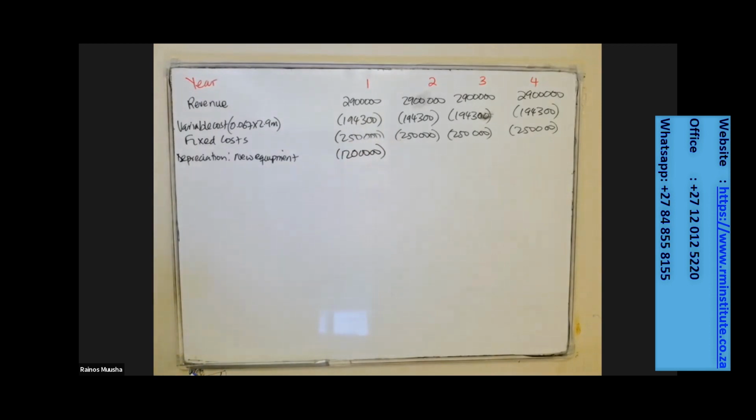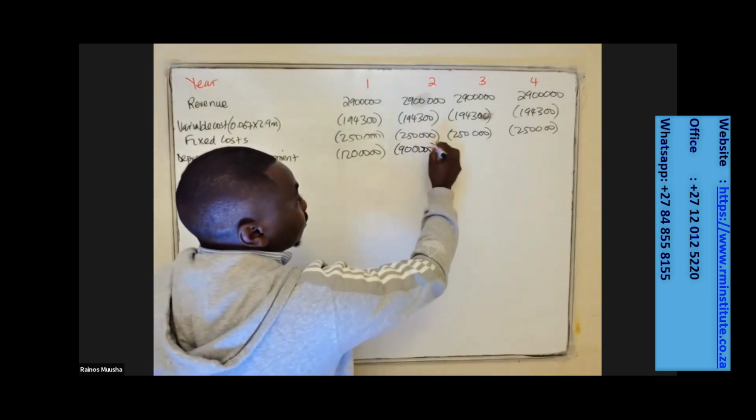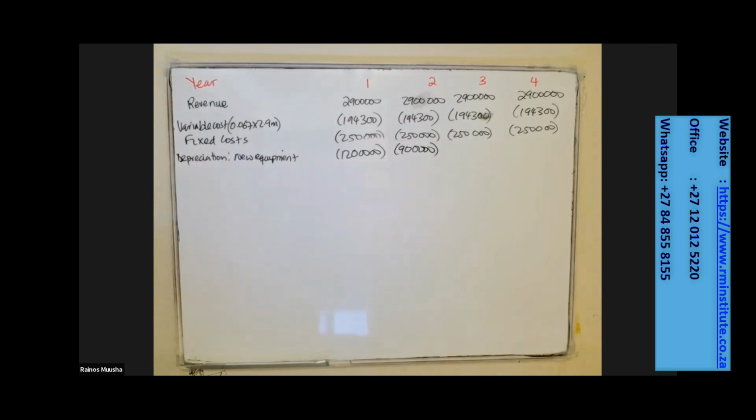Remember, in the first year, 40% of the installed cost of the machine is what is going to be taken into account as depreciation. So which means in this case, 40% of 3 million is going to be the depreciation of the first year, and 40% of 3 million in this case is going to be 1.2 million. And then 30% of 3 million is going to be 900,000, which is the depreciation for the second year.